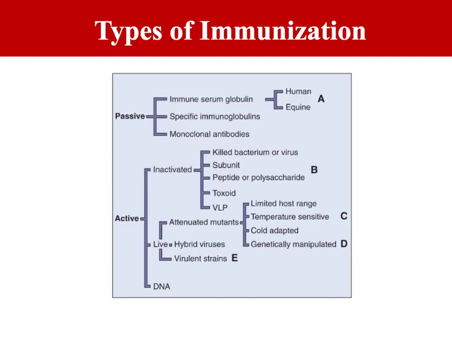Our bodies are 37, so when you inject them into a 37-degree person, they no longer are adapted to survive there. You can genetically manipulate certain mutants. There are some commercial veterinary vaccines that work this way. Unless I'm forgetting something, we don't have any that are used for humans right now in a standard vaccine panel.